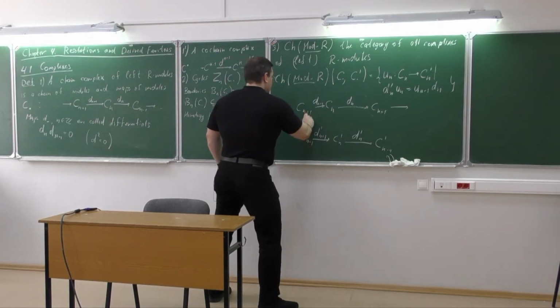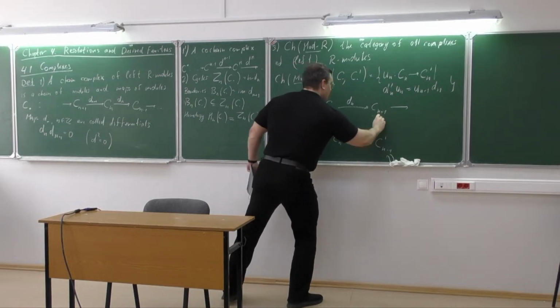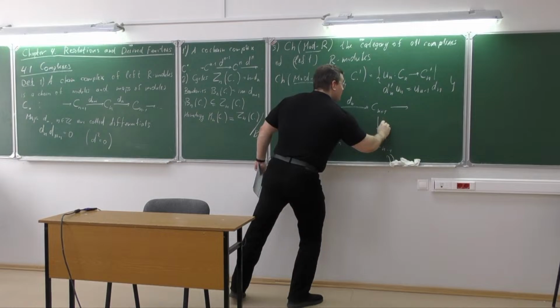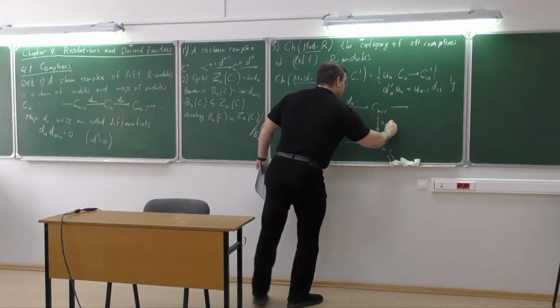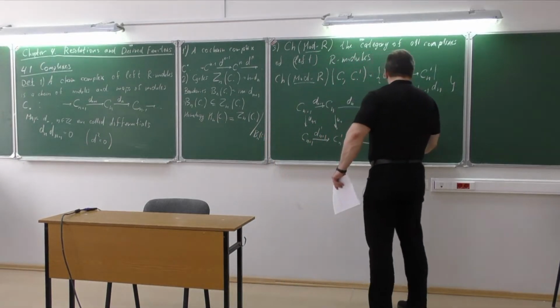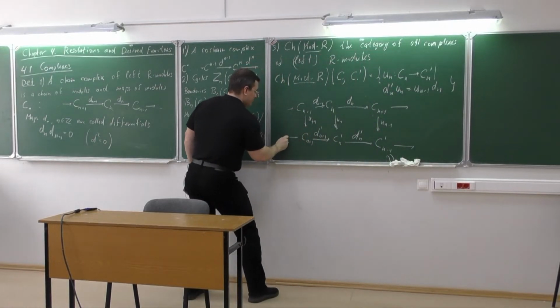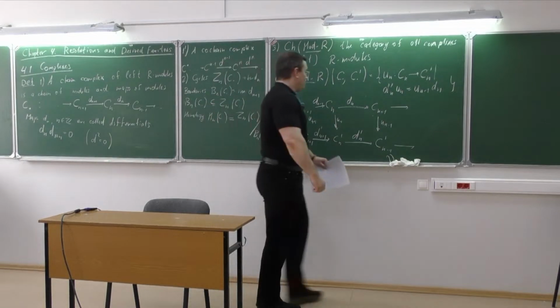And the map is just u_{n+1}, u_n, u_{n-1}. So the map of chain complexes is just this family of maps, an infinite family of maps if the complexes are unbounded, for any integer n.